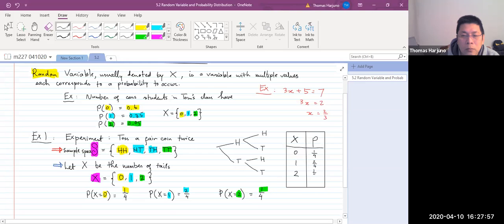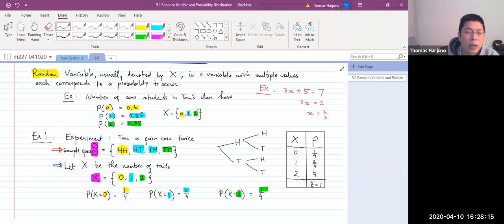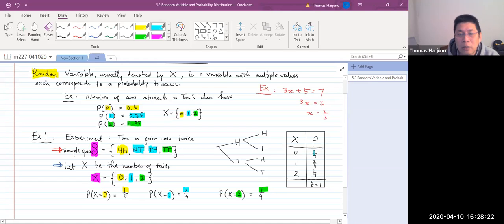Now you will see when I add these, the total should be, as expected, 4 over 4, which is 1. Just like a frequency distribution, the frequency has to be positive. When it comes to probability, the values here have to be all positive or 0.